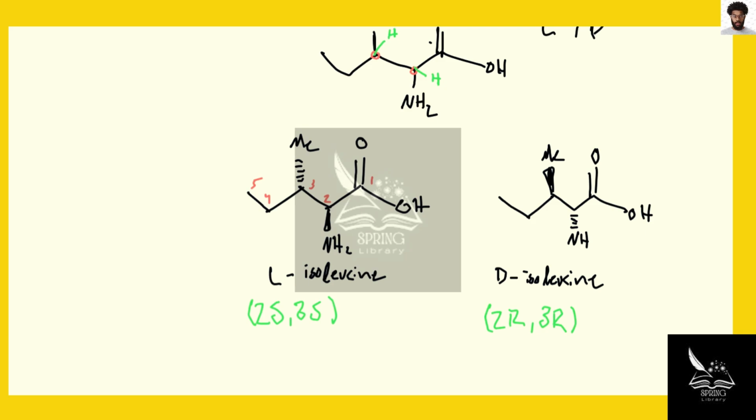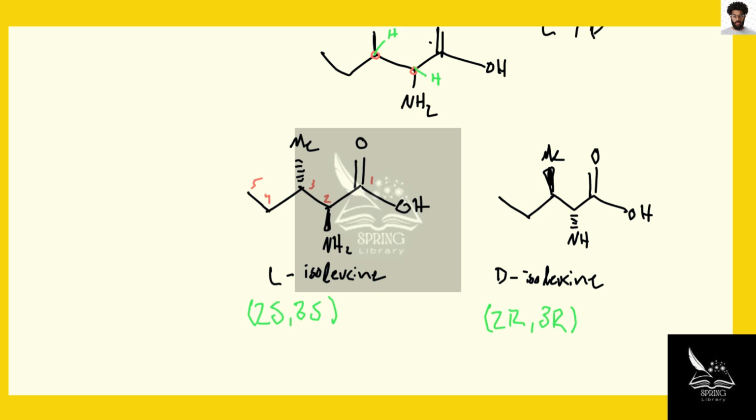There are also variations of isoleucine in which you switch one, but not both of the stereocenters. These are referred to as allo-isoleucine, so you could have L-allo, where you swap the chirality of the methyl, or you could have D-allo, where you swap the chirality of the amine and leave the other the same.